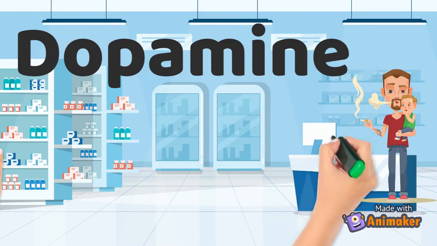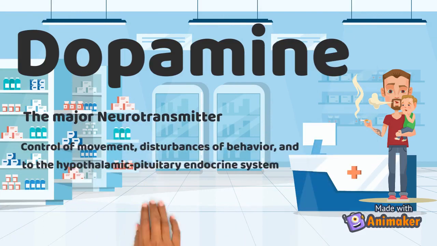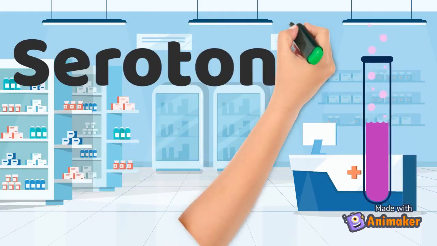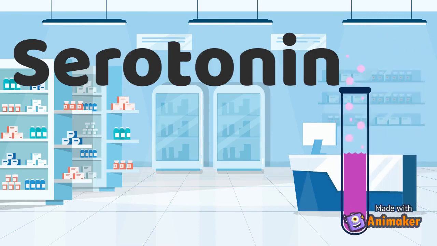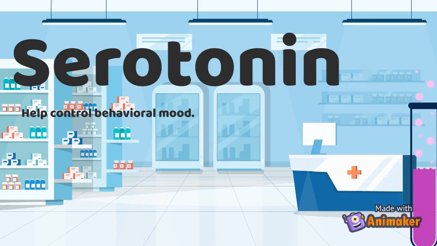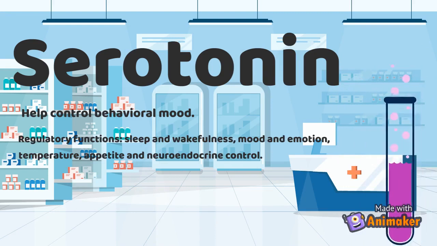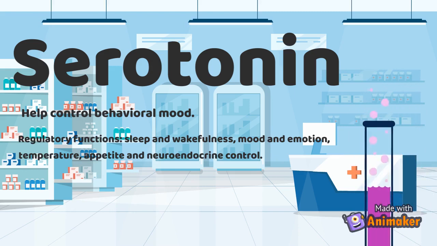Dopamine. It is the major neurotransmitter in the central nervous system, and it controls movement, disturbance of behavior, and the hypothalamic pituitary endocrine system. Serotonin, or 5-HT, inhibits the pain pathway in the spinal cord and helps control behavioral mood, the central nervous system's regulatory function, sleep and wakefulness, mood and emotion, temperature, appetite, and neuroendocrine control.